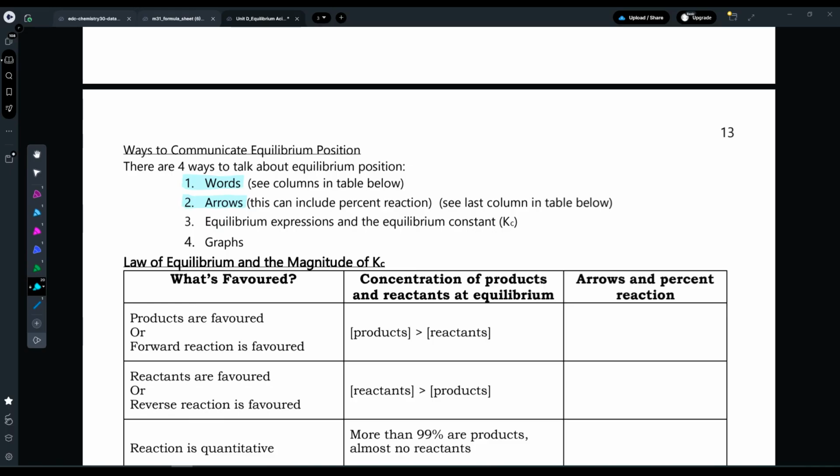The third way is equilibrium expressions and the equilibrium constant. What value the equilibrium constant is tells you whether products or reactants are favored. And then the last way is through graphs.